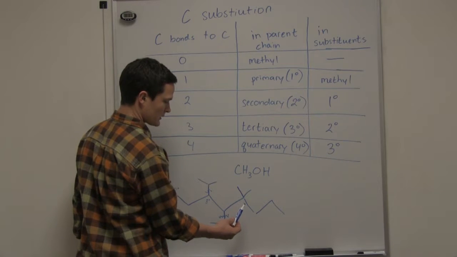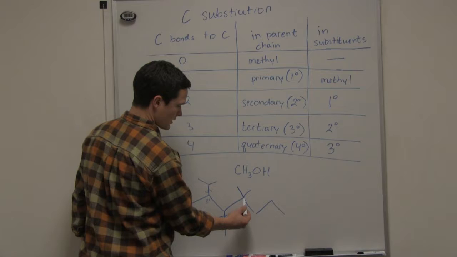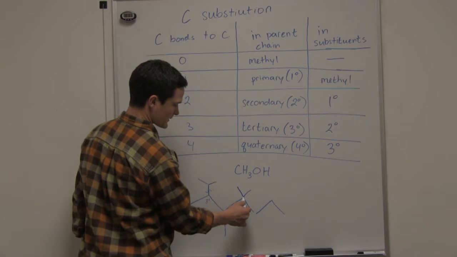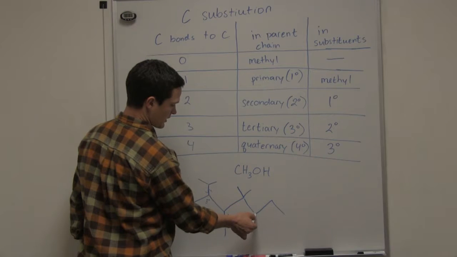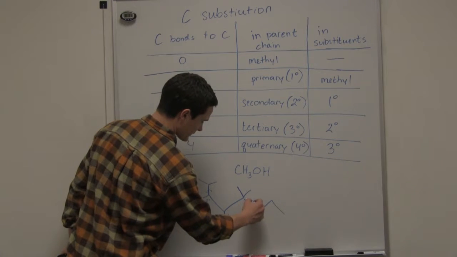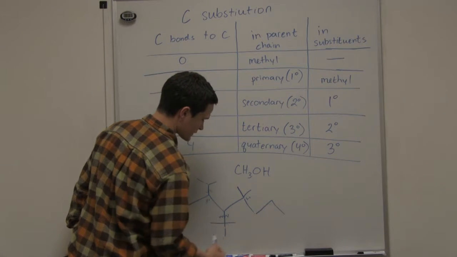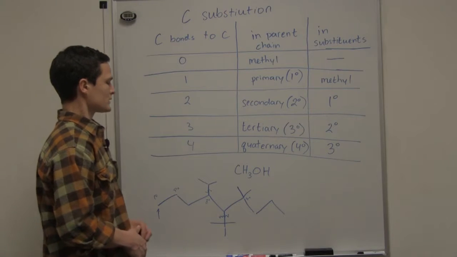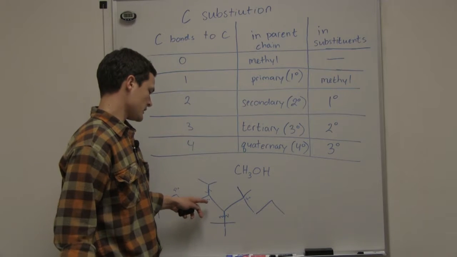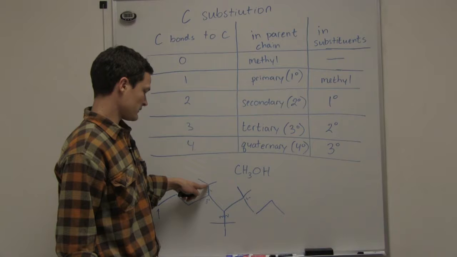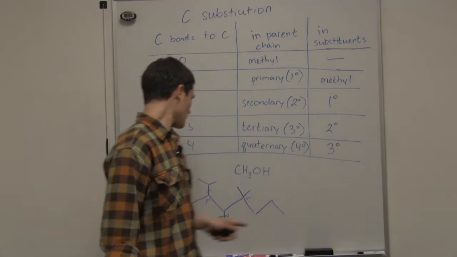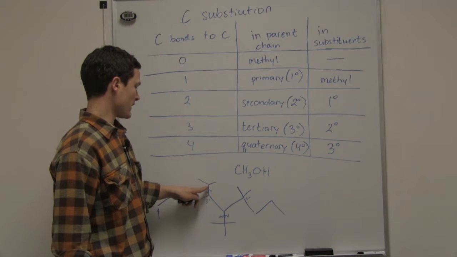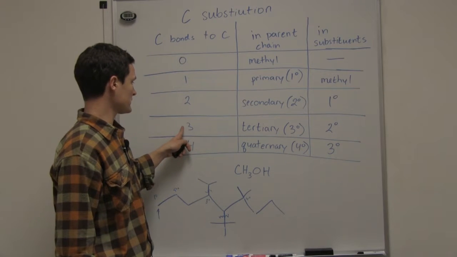Looking at a quaternary example, we have this one. This carbon is in the parent chain, and it is bound to 1, 2, 3, 4 other carbons. So that is quaternary. Looking at some of the substituents here, on this carbon, for example, because it's in a substituent, we say it's bound to 1, 2, 3 carbons.